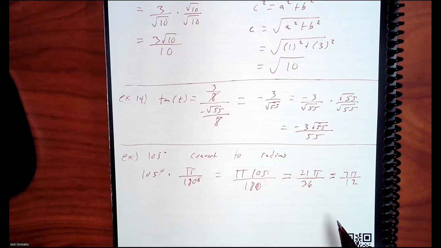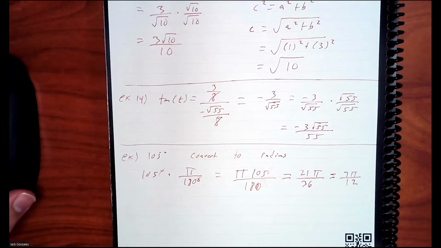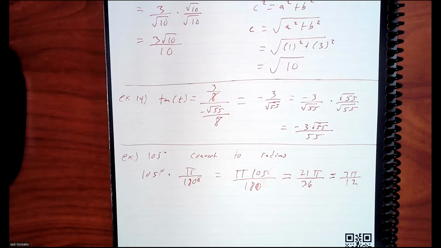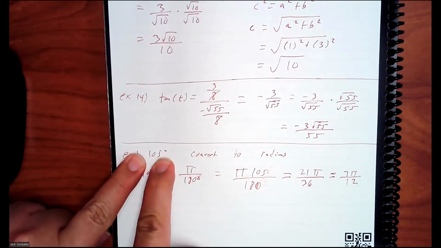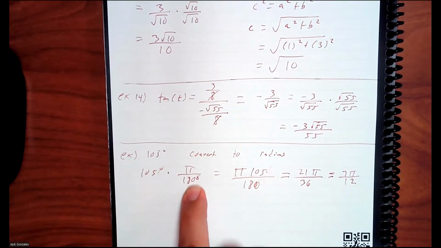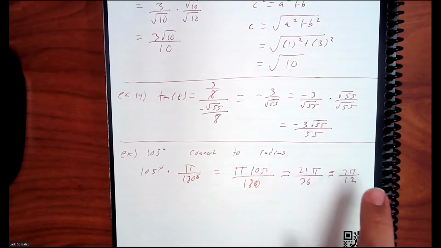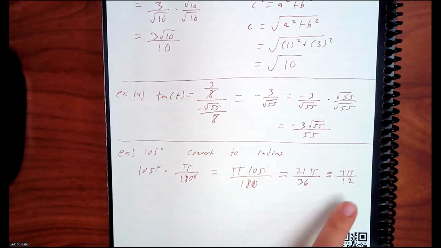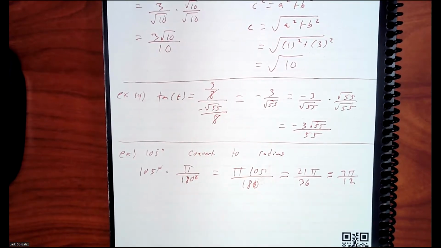I just didn't see it, but it's all good. Yeah, so we're going from degrees to radians. That's all I want you to do: multiply by this and simplify it. There's no more degrees. That's all you have to do.